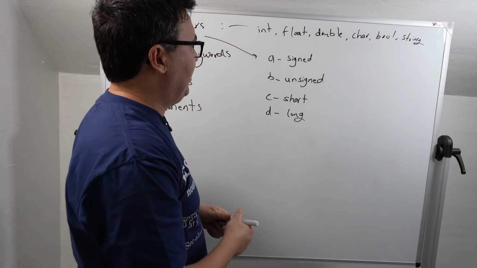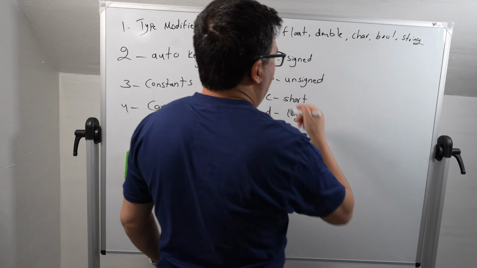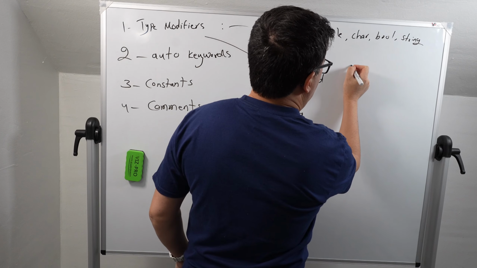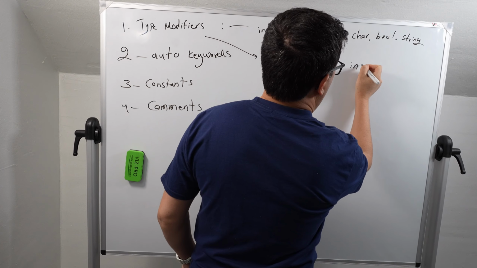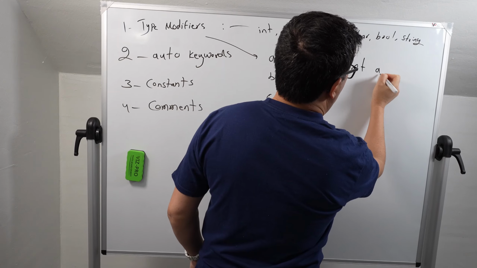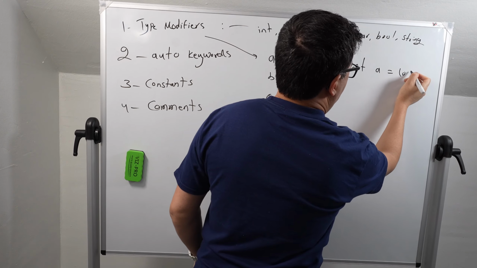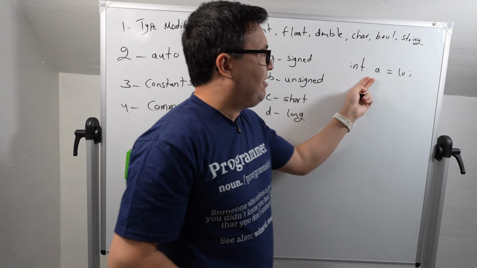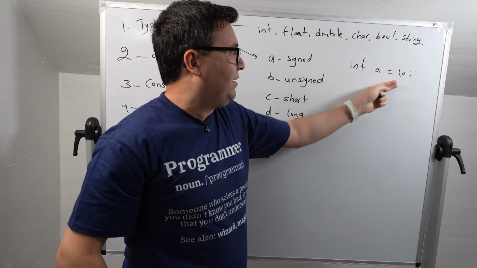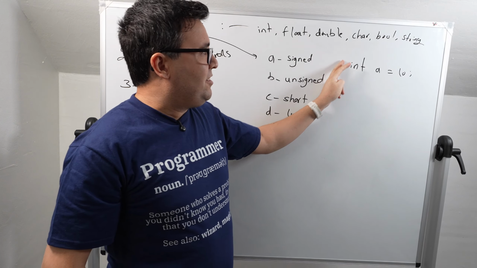Let's take an example. If we define a variable int a is equal to 10, a is a variable which stores 10. So this is an integer variable.